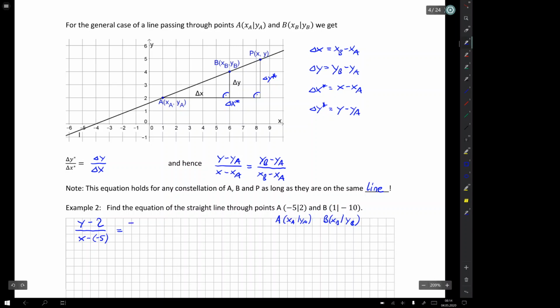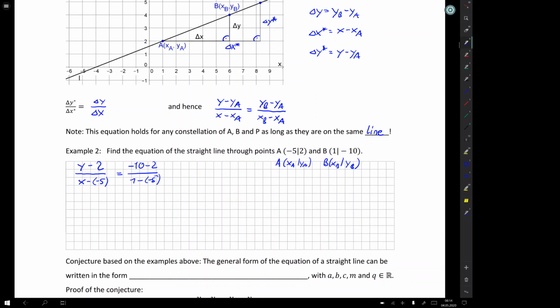So minus 10 minus 2 divided by 1 minus the minus 5. So this simplifies to y minus 2 divided by x plus 5 equals minus 12 divided by 6. This minus 12 divided by 6 is just minus 2.